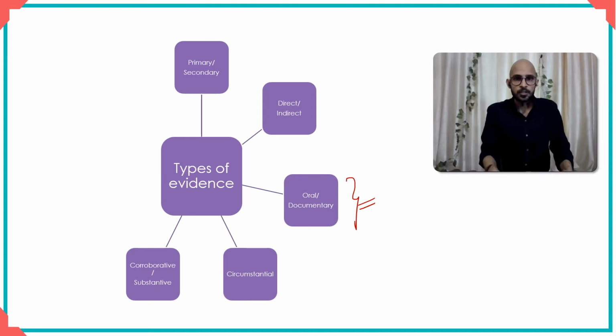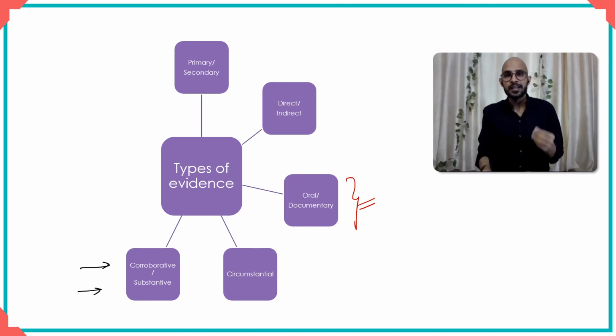You must have heard of these phrases as well: corroborative evidence and substantive evidence. Well, substantive evidence is the kind of evidence that can stand by itself to prove a certain point. Which means substantive evidence is a strong type of evidence that can be used by itself in order for a fact to be proved or disproved. That is substantive evidence.